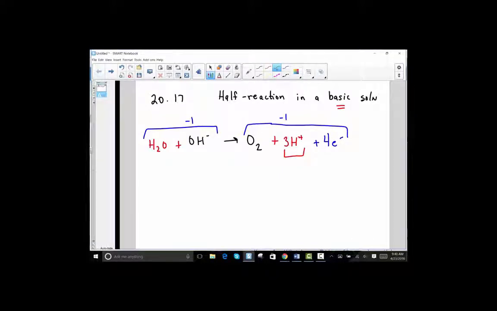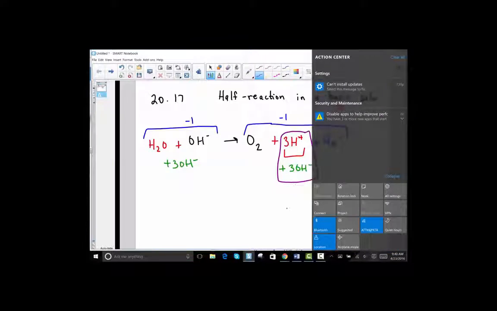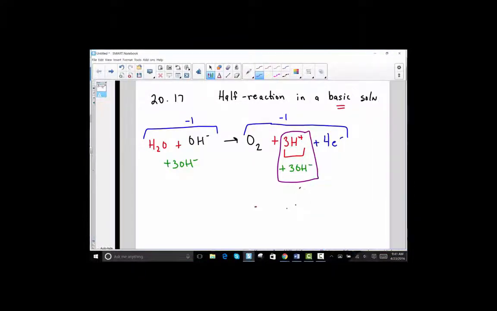So since I have 3 protons on the right-hand side, to both sides I am going to add 3 hydroxides, so that overall what will happen, these 3 protons and 3 hydroxides form 3 water molecules. And now that's simplified over here.